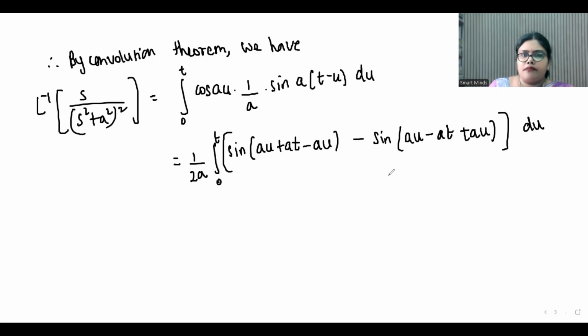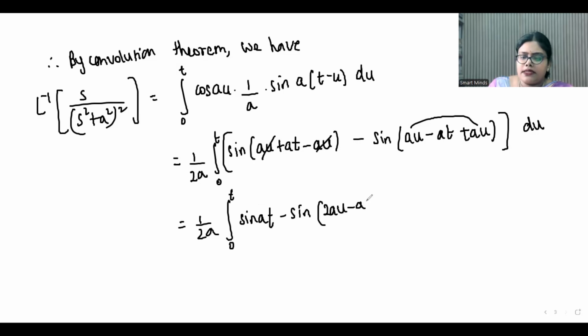Okay. So that is 1 by 2a integral 0 to t. au minus au cancel. So this is sin at minus sin 2au minus at du.